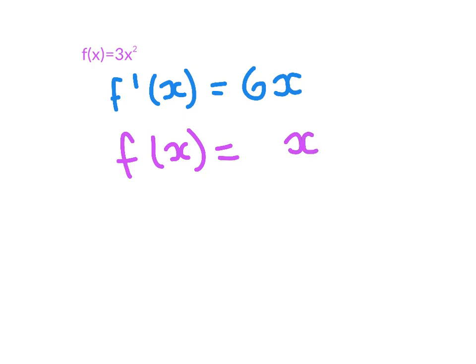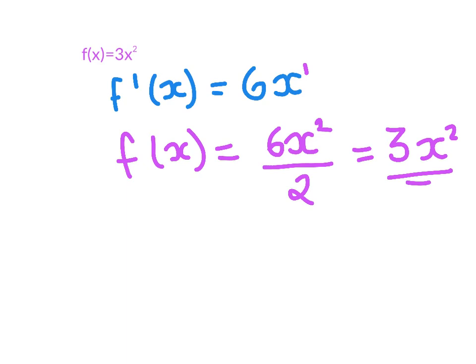At the moment, that's a 1, so I'm going to increase it to squared, and I'm going to divide by that new power. And of course I can then simplify 6 divided by 2, which gives me 3x squared, which is what I first started at. So in blue here, I differentiated the function, and then in purple I have integrated and gone back to the original function.